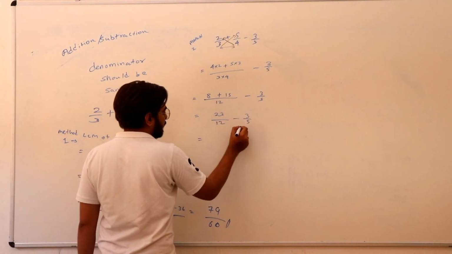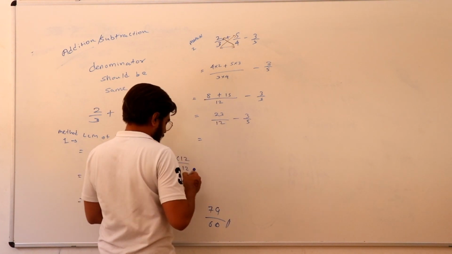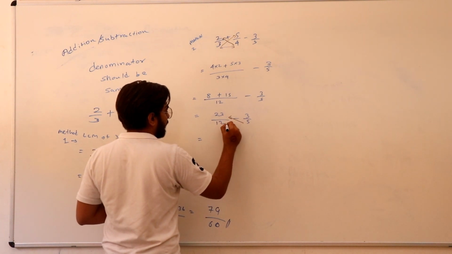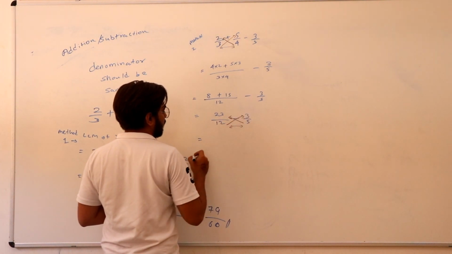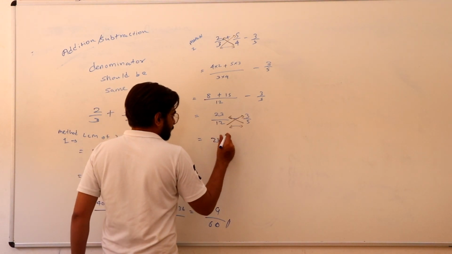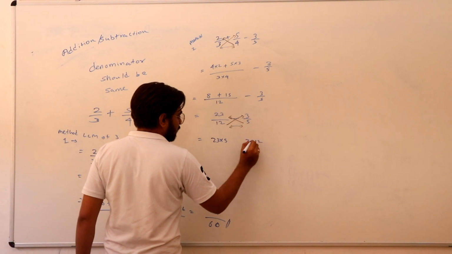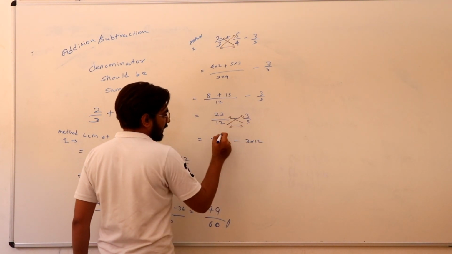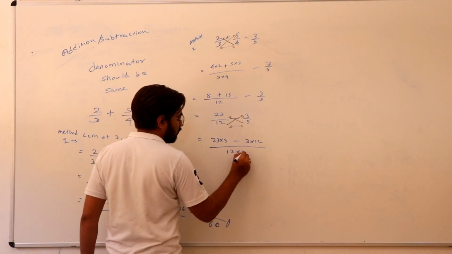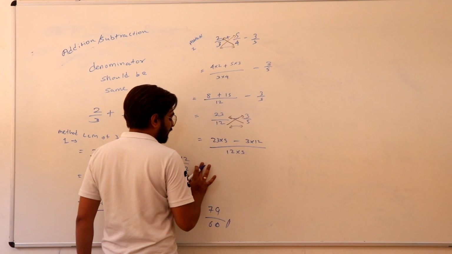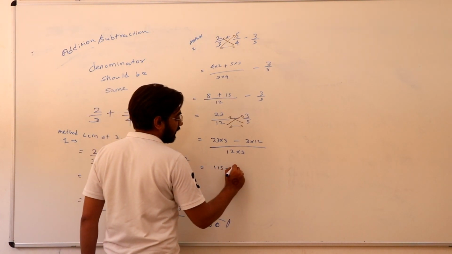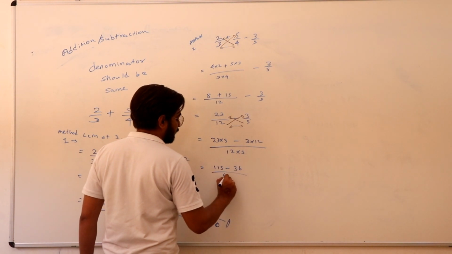Now again doing the cross multiplication method, I will multiply 23 with 5, then I will multiply 12 with 3, and in the denominator I will multiply these two numbers. 23 into 5, 3 into 12, in the middle the sign of minus because there is no change of sign, divided by 12 into 5. 23 5s gives you 115, minus 3 12s are 36, over 60.